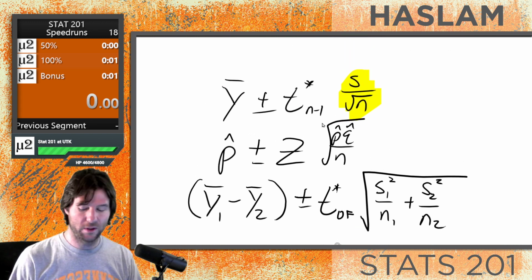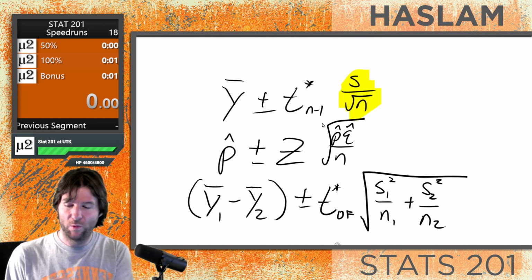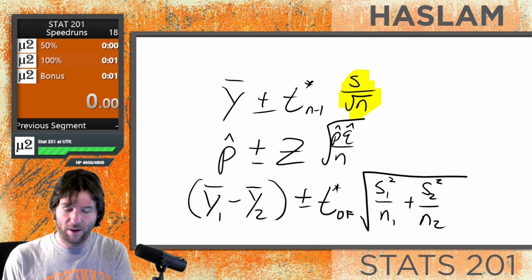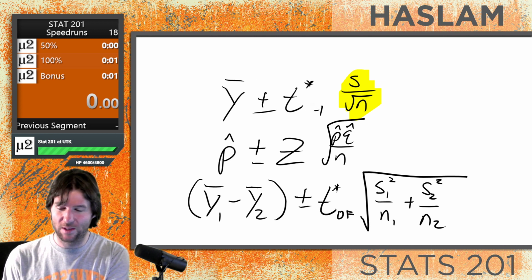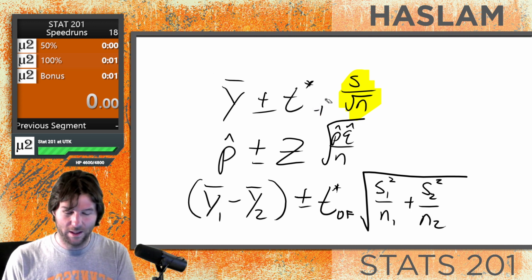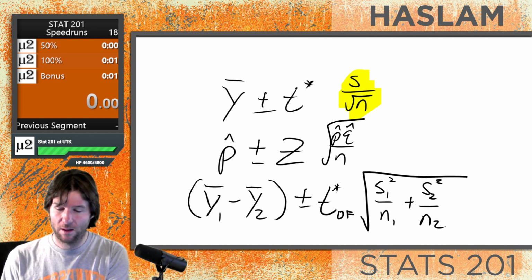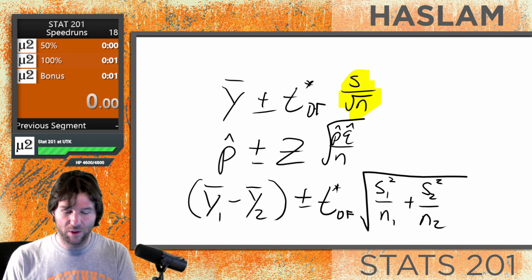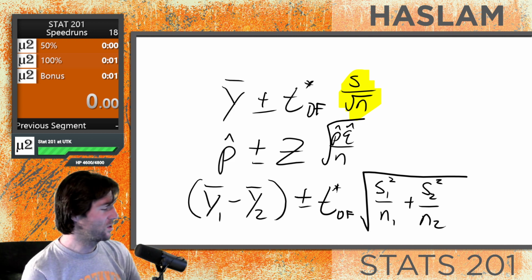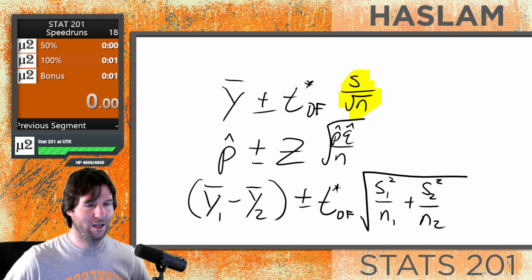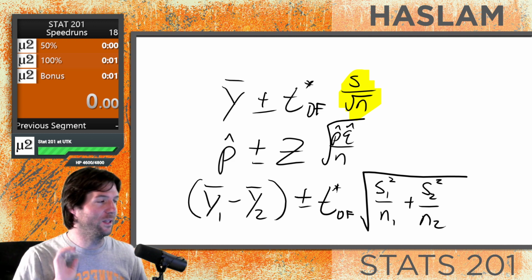But for this one, the degrees of freedom are n minus 1, which is way, way easier to solve for. N minus 1 is just the degrees of freedom inside of here. So this one is the degrees of freedom here, but the degrees of freedom is test dependent. So make sure you choose the right degrees of freedom.